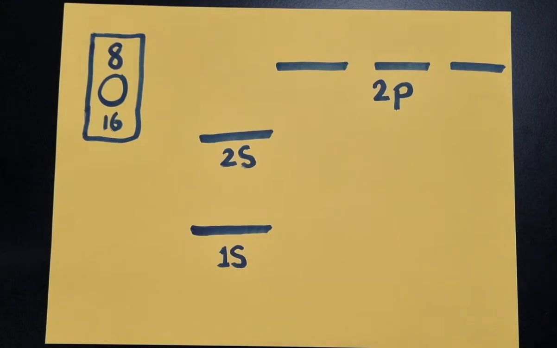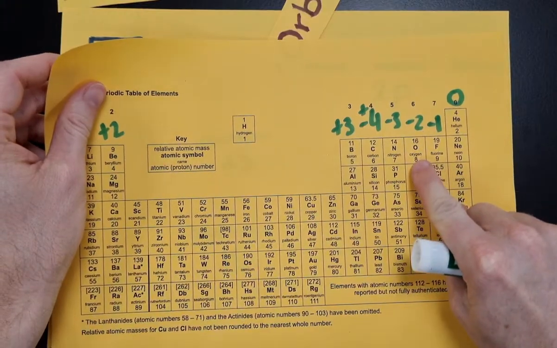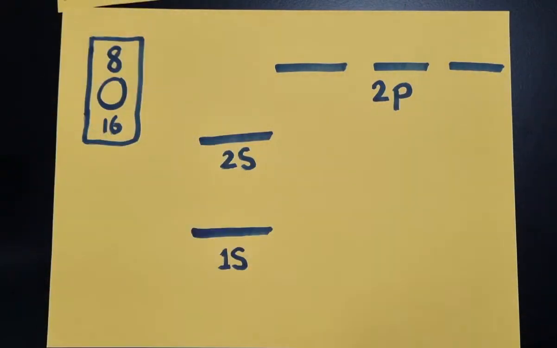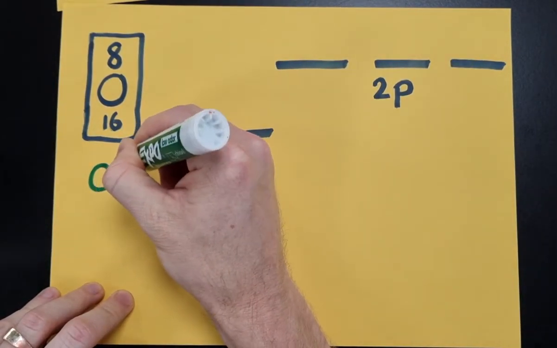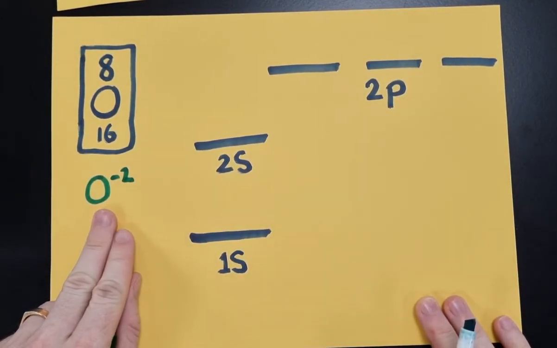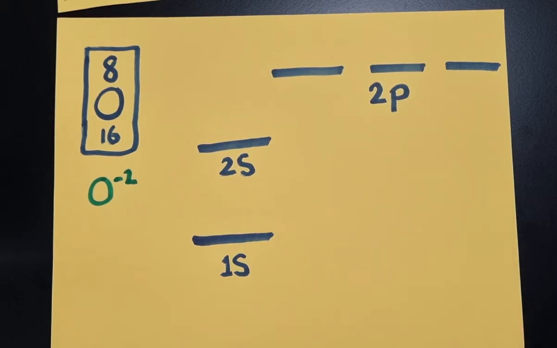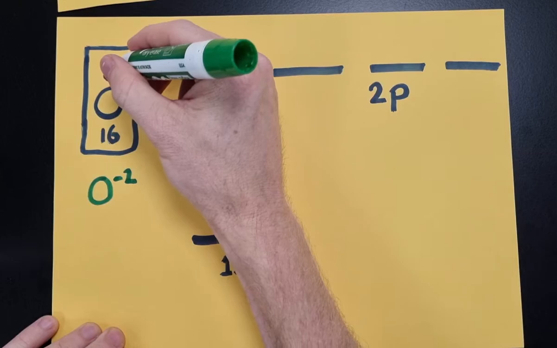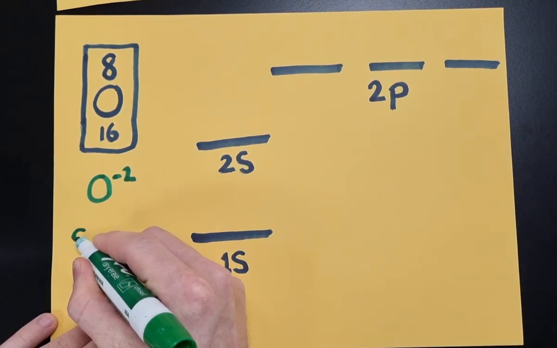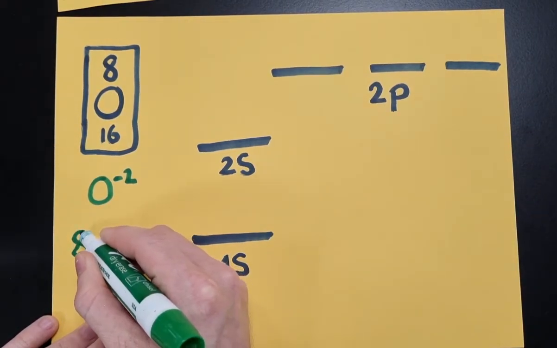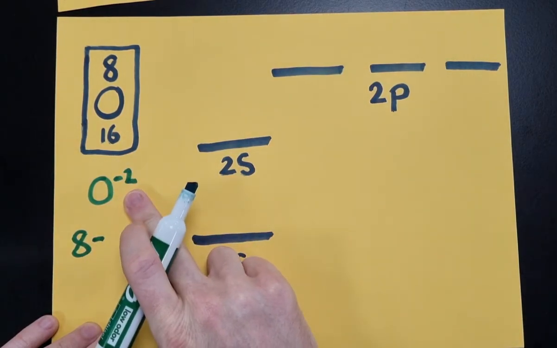Let's start off with oxygen. We know that oxygen is up in my -2 column. So we write down oxygen as a -2. This is rather important to write down on our piece of paper because we need to work out how many electrons we actually have. So we take our atomic number, in this case 8, we write 8 electrons, and we take away whatever the power is on top of our ion.